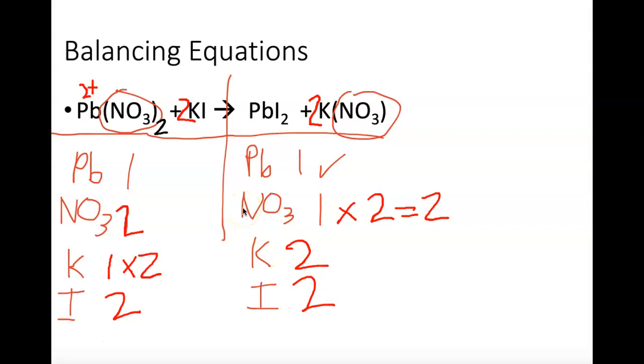And so now I'm just going to kind of double check everything to make sure that I have everything balanced. Let's see, 1 Pb on the left, 1 on the right. So my Pb is balanced. 2 nitrates on the left, 2 on the right. So we're good there. 2 Ks on the left, 2 Ks on the right. 2 Is on the left, 2 Is on the right, and so we're all good and balanced.